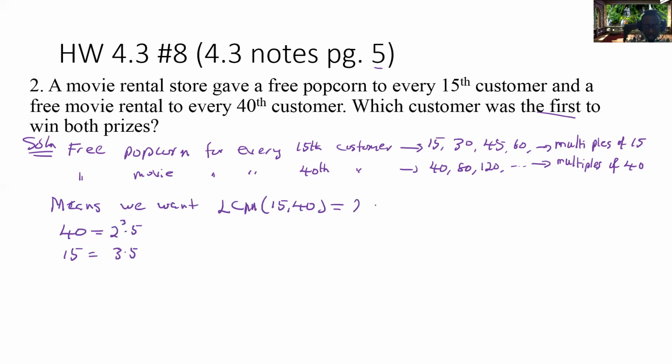So it'll be 2 times 3 times 5, and the exponent for each prime factor is the greatest one. For the prime factor 2, we have 3. For the prime factor 3, that's raised to 1, and the 5 is also 1. So you have 8 times 15, which is 120.